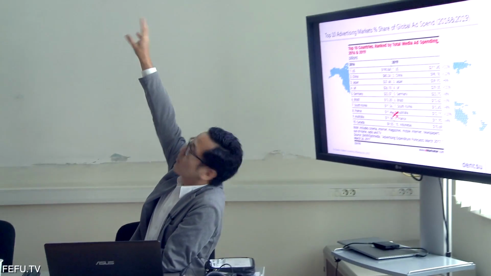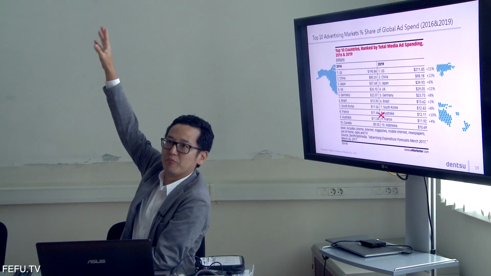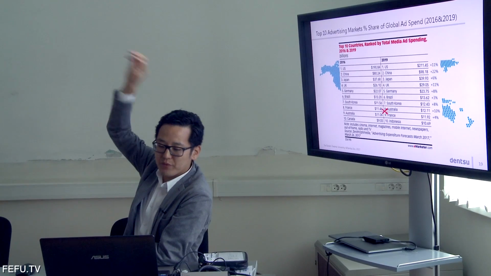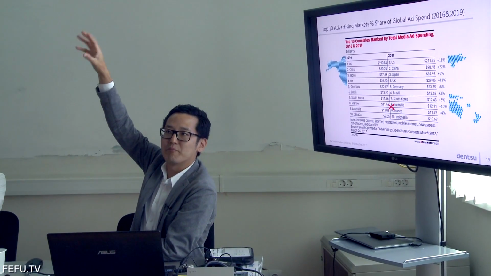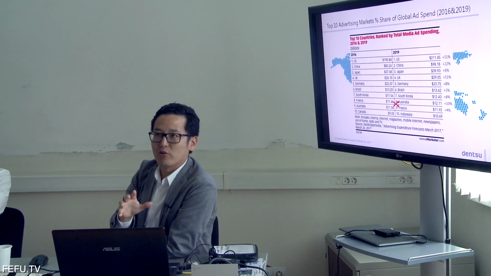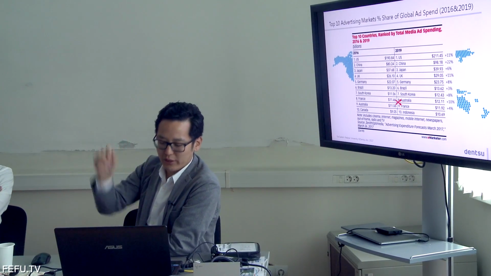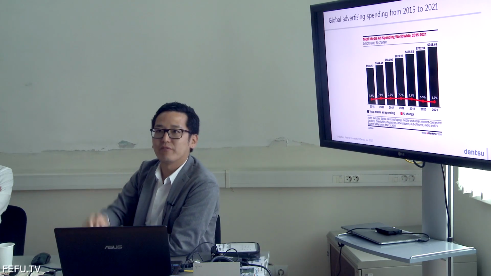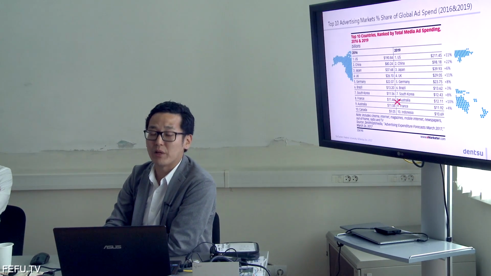And this is the top 10 advertising markets, percent share of the global ad spend in the world. When you look at 2016 and 2019, it's almost the same. From the first to number 7, the US is always the biggest market. Going back to here, we have about 550 billion in media spend, and the US alone spends 200 of it.